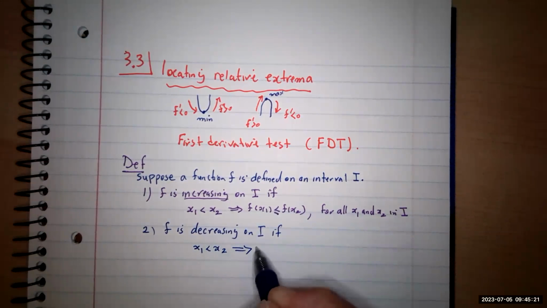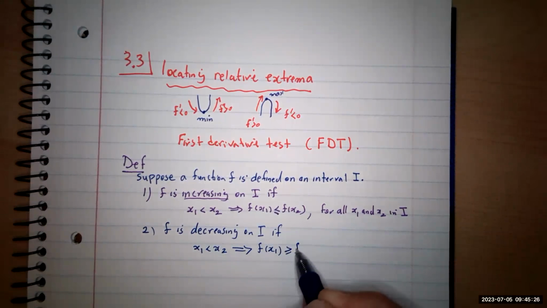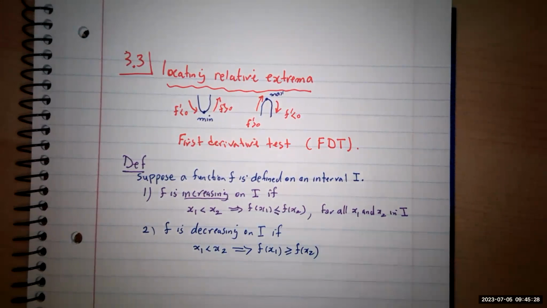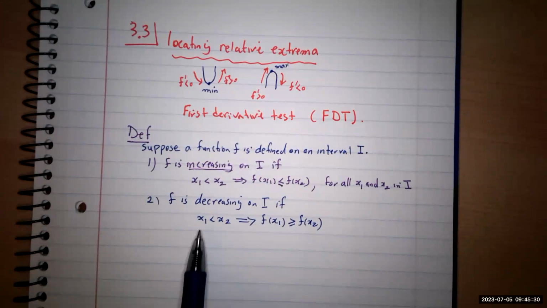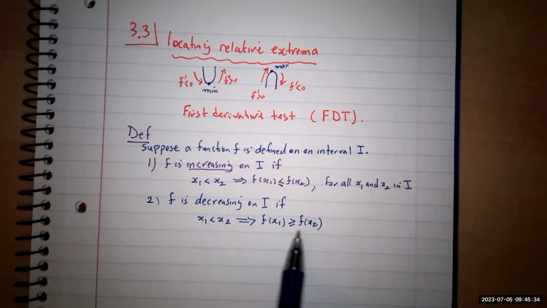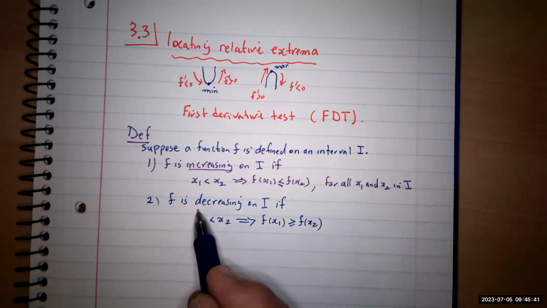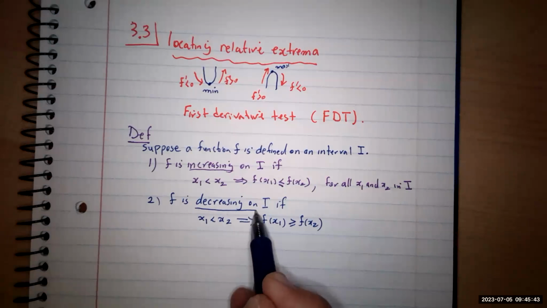The direction of the value of the function would be the other way around. It's going to be f of x1 greater than or equal to f of x2. You see over here, x1 is less than x2, but f of x1 is greater than f of x2. If this is the case, we say the function is decreasing.